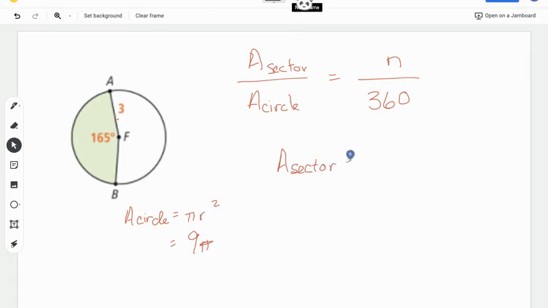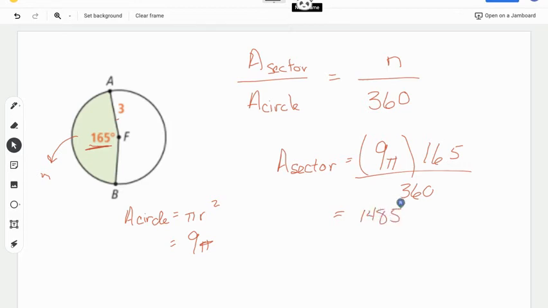So I'm going to find the area of my sector by plugging some numbers in. So the area of my circle is 9 pi. I'm going to multiply that by n. Our n here is 165, divided by 360. Put the numbers together, but make sure you leave that pi exactly where it is. So 9 times 165 is 1485.